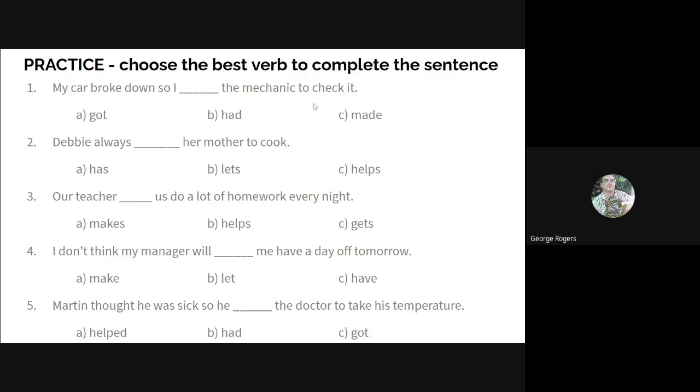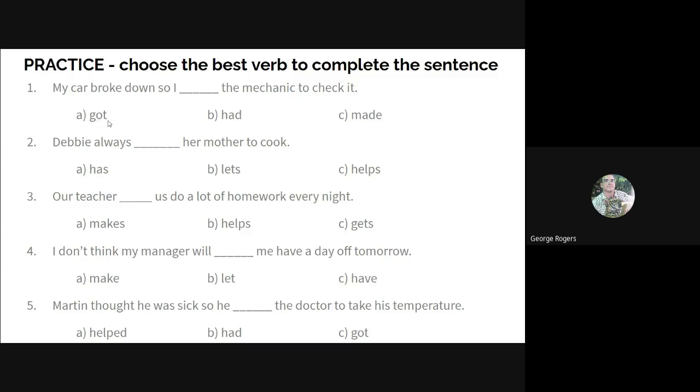So to check. Now, notice here, broke is past tense, so all of these are past tense. We have the to, so the first 3 wouldn't use it. I'll give you the first one here.